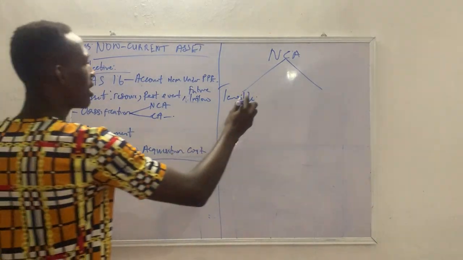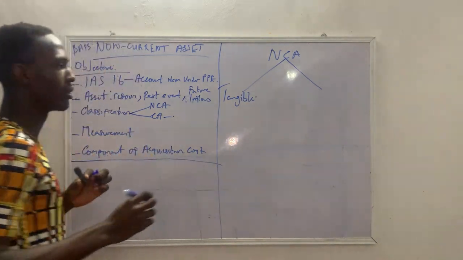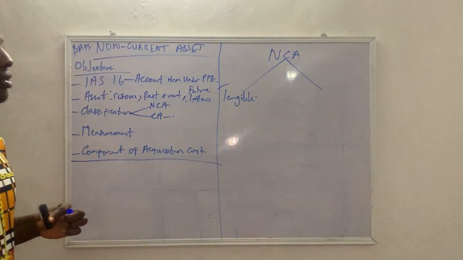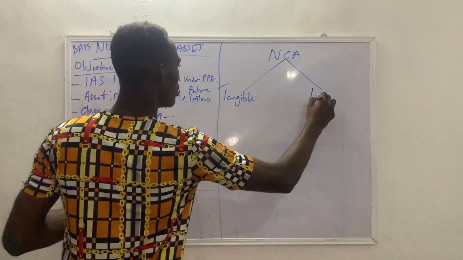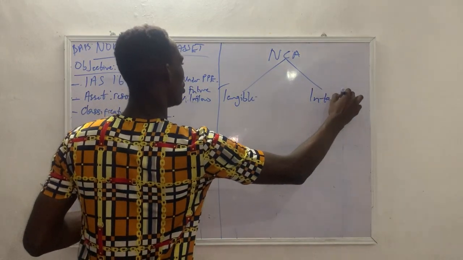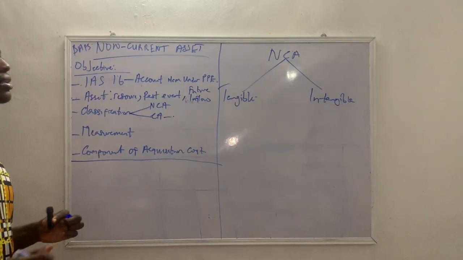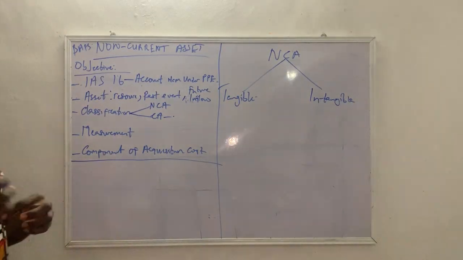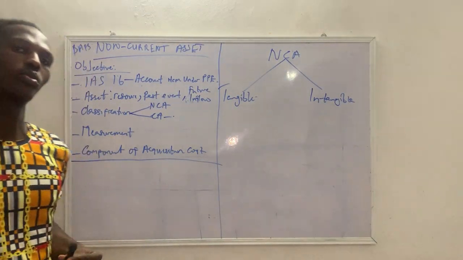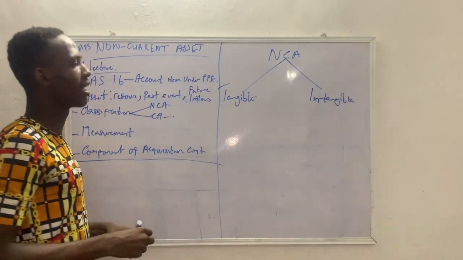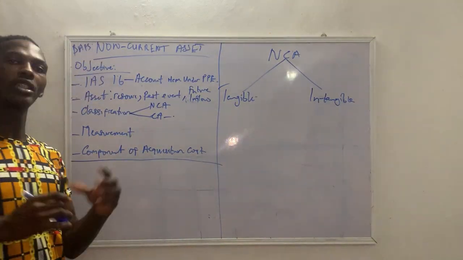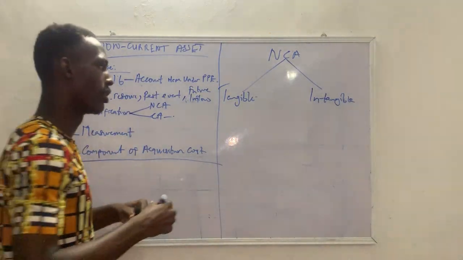These are the basic ones that we get to see mostly in our statement of financial position. While intangible non-current assets are the non-current assets that we cannot see and touch, but they exist. Examples are our franchise, patents, copyright.